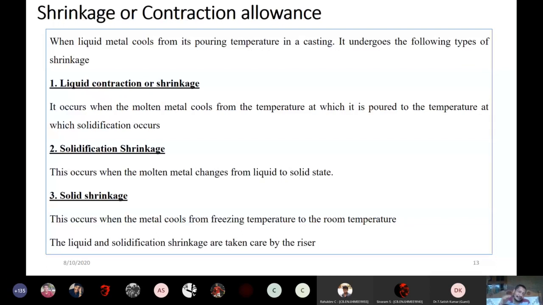And if it is a metal or alloy, you can see there are changes that take place. We call it nucleation, grain growth, etc. I'm not coming into those terminologies right now. You will get a clear idea in material science.